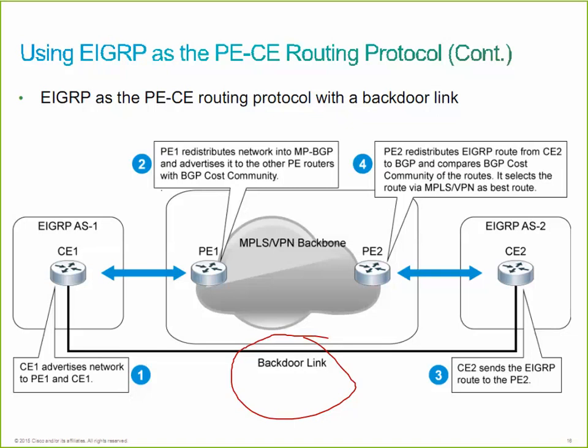All right? There is an additional attribute that is known in BGP. It's called the BGP cost community attribute. And the BGP cost community attribute was specifically developed to handle this particular scenario. It is an attribute that we configure on the PE router. It attaches something called an extended community attribute.